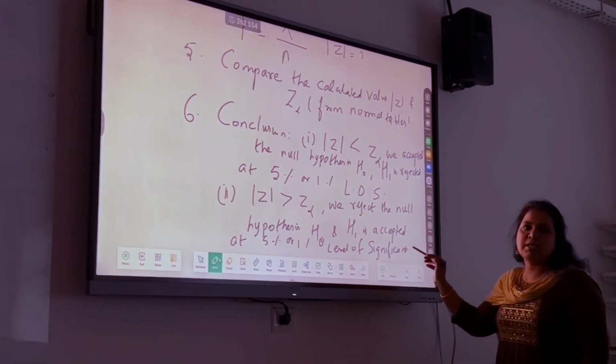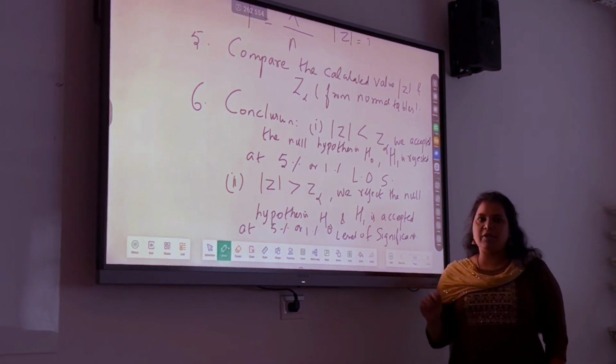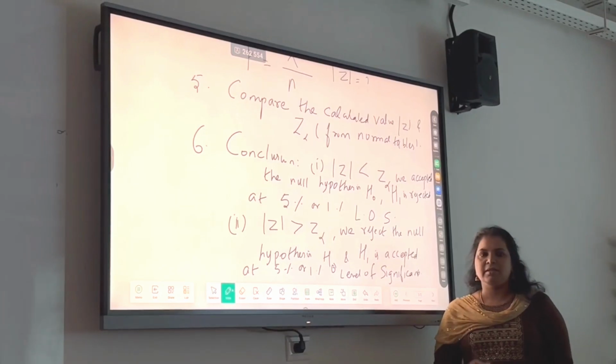So this is the procedure for test of significance of single proportion.